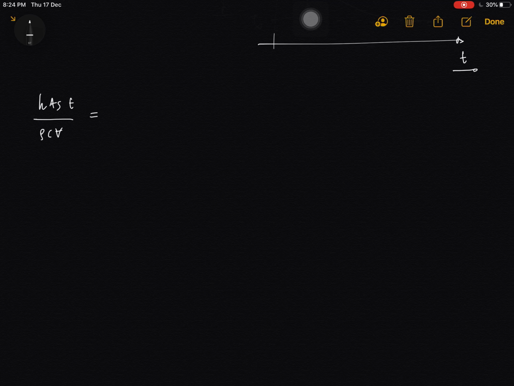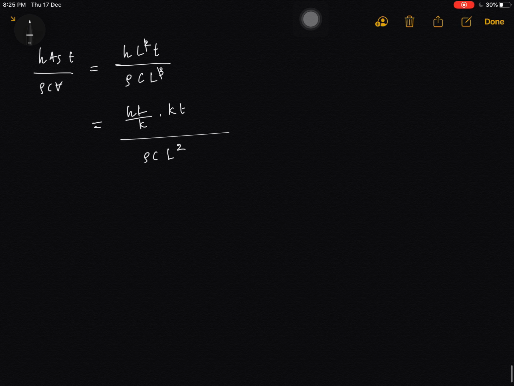Okay, so next we will be dealing with this particular term hAs by rho cv into t, and we can rewrite this as h into L square into t by rho into c into L cube. So cancelling the L square term and L cube term, we can write this as hL by k into t by rho c into L square.